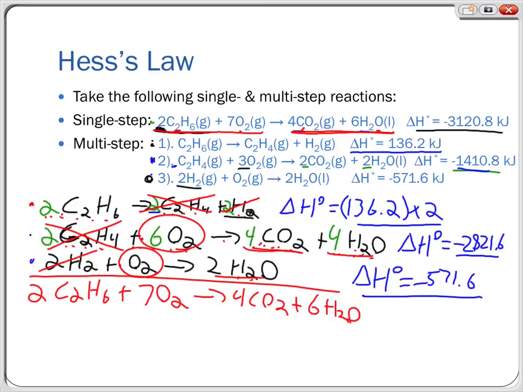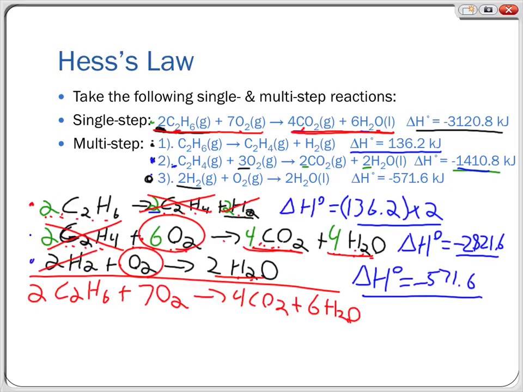So let's try adding these up and seeing, we add up all our enthalpy changes here and see what it adds to. So 136.2 times 2 is going to be what? 272.4, if I'm doing that in my head right. So 136.2 times 2 is 272.4, and then minus 2821.6.